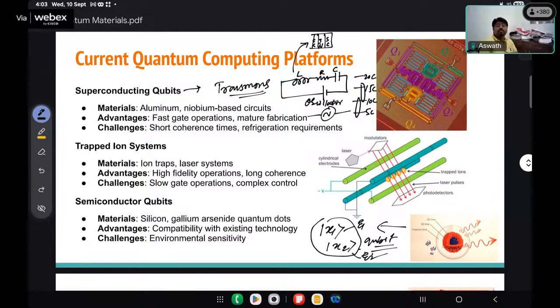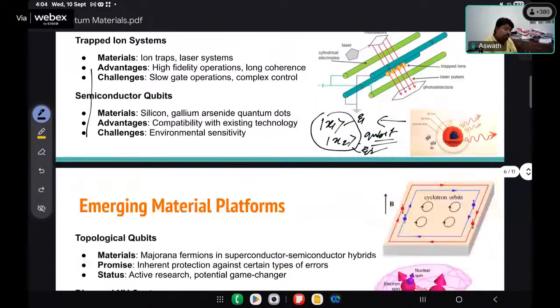The challenge is that it is sensitive to the environment, because you are confining a collection of electrons into a particular location, and there is always a chance that some nearby host atoms inside a semiconductor or a dopant can just grab this electron and consume it. So that is the problem. The environmental sensitivity is there in these semiconductor materials. Let me go to the next slide.